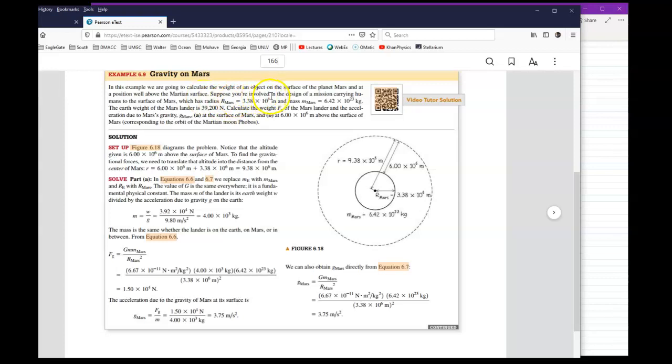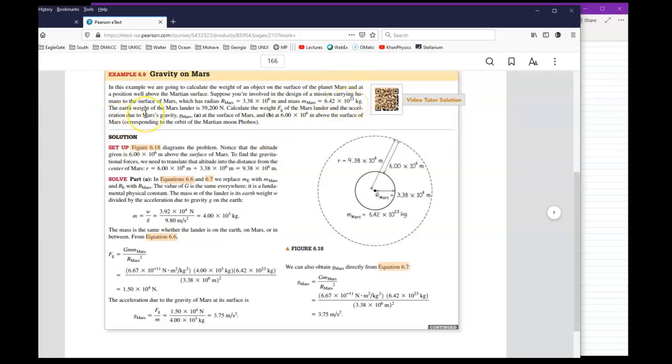Suppose you are involved in the design of a mission carrying humans to the surface of Mars, which has a radius of 3.38 times 10 to the 6 and a mass of 6.42 times 10 to the 23rd kilogram.